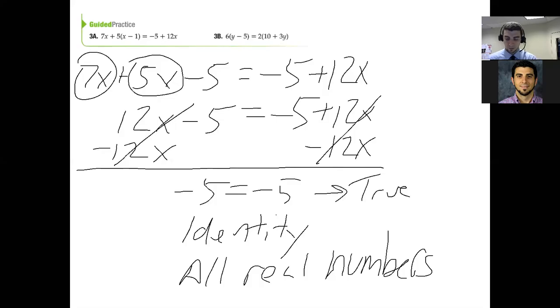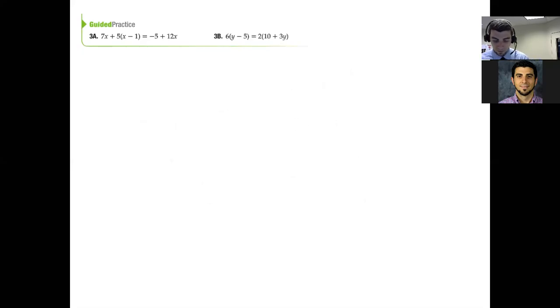Okay? All right, so what's the other one probably going to be? Well, it's probably going to be a no solution one, but let's see how it happens. Distribute the 6, so you have 6y minus 30 equals, distribute the 10, 20 plus 6y.